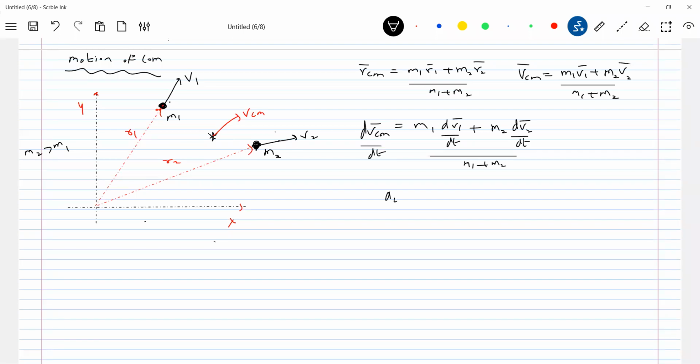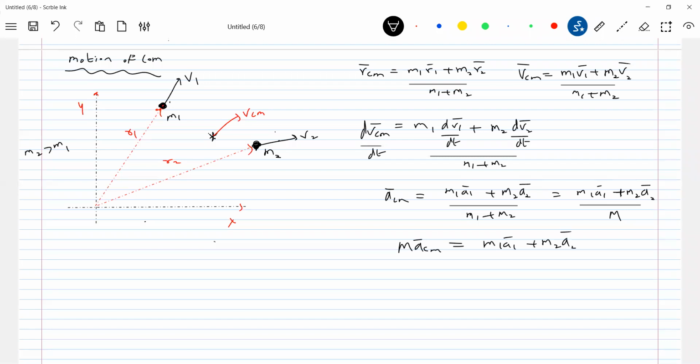So this should be equal to A_CM equals (m1 A1 bar plus m2 A2 bar) by (m1 plus m2). What is A_CM? Acceleration of center of mass of the system. What is m1 plus m2? Total mass of the system, M. So this will become M A_CM equals m1 A1 plus m2 A2.